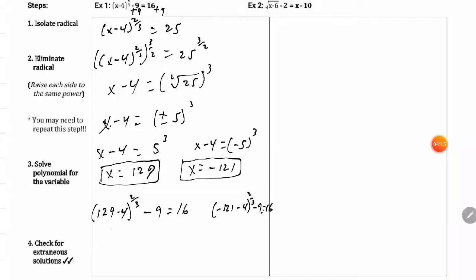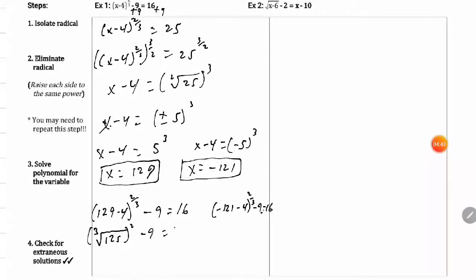So that's going to be 125 over here, and my root is cubed, right? Wait. So our root is 3, so this is the cube root of 125, and then we're going to square it.